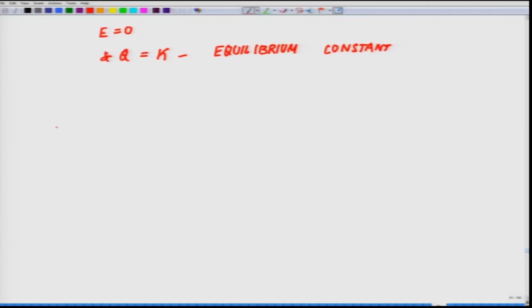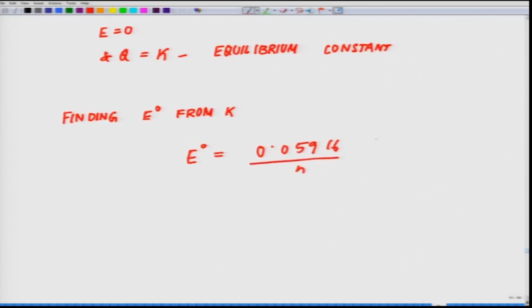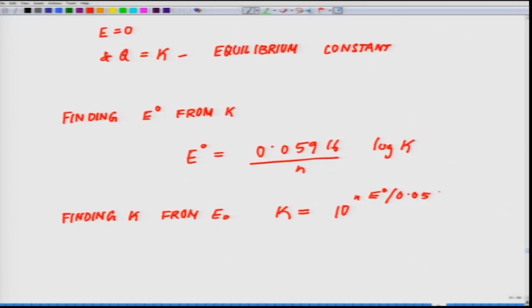So, what you are getting in that situation, you are finding E0 from K, that makes it E0 equals 0.05916 divided by n times log K. Similarly, finding K from E0, K is equal to 10 to the power n E0 divided by 0.05916, and all these reactions are happening at 25 degrees centigrade.